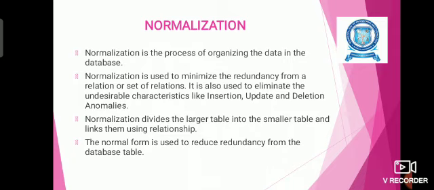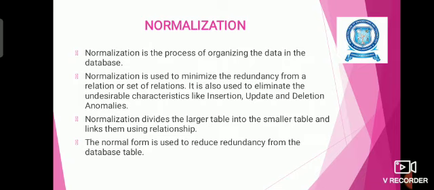And normalization helps to avoid redundancies and to eliminate undesirable characteristics like insertion anomalies, updation anomalies, and deletion anomalies. So normally in the normalization process, we will rearrange the columns in the table, or sometimes we will break the larger tables into smaller tables, and we will maintain the necessary links to maintain the relationship.